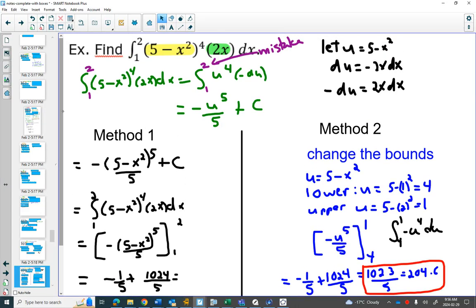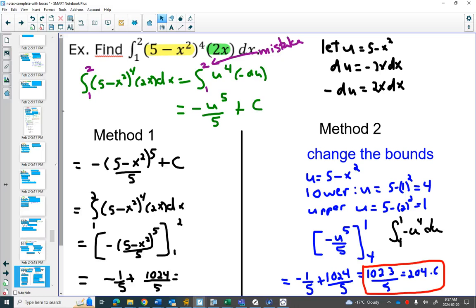If you want to use method 1, you're going to need to figure out your indefinite integral on its own without showing the work with the bounds. If you want to write your bounds and show your work all the way, then I would suggest method 2, because once you go to method 2, you don't actually have to substitute back.